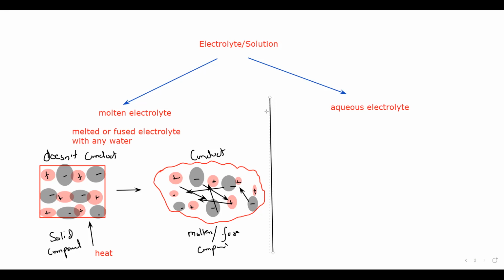What is the meaning of aqueous electrolyte? Aqueous electrolyte means the electrolyte contains water. So if an electrolyte contains water, we call that an aqueous electrolyte. What does it mean? As you can see, we have the ionic compound.